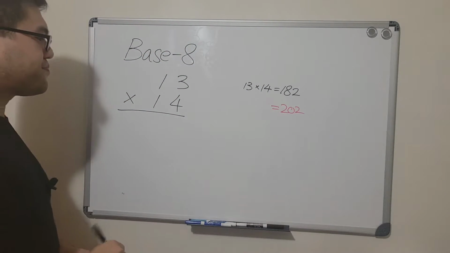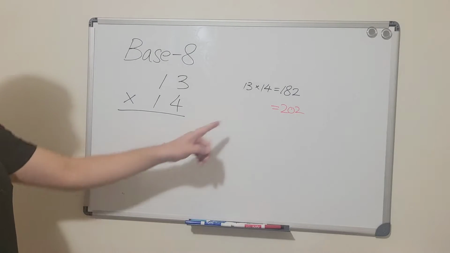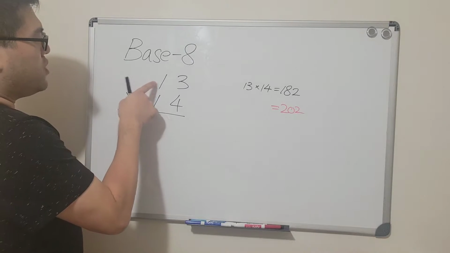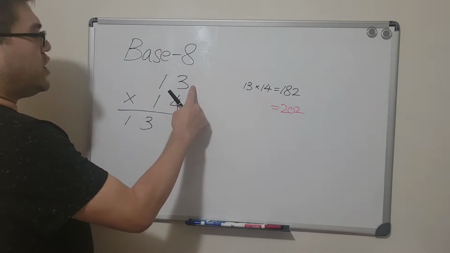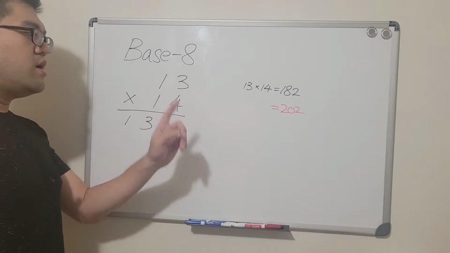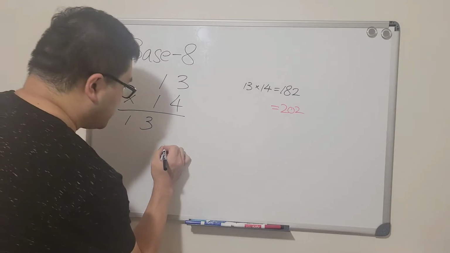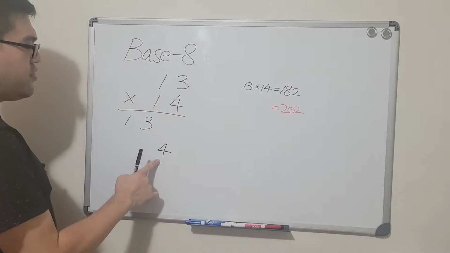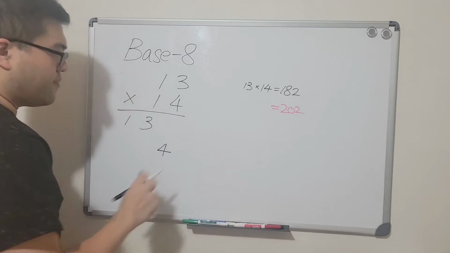Let's see. So let's do the following steps and see if it's actually true. 13 times 1 gives us 13. 3 times 4 is 12, but since we're in base 8, we have to write it as 14. So we put the 4 here and carry the 1 up here.